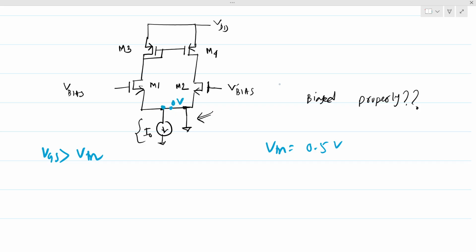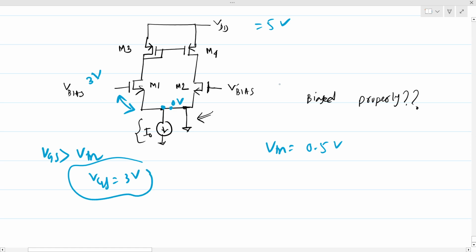Let's say our VDD is 5 volt and our V bias is, let's say, 3 volt. Okay, so how do you think? So here we can see the VGS becomes 3 volt. Okay, right? So it is in the turning on condition, and we can see this can be biased properly. Okay, and this current has to flow through that branch, as the ideal current source can have any voltage across it.